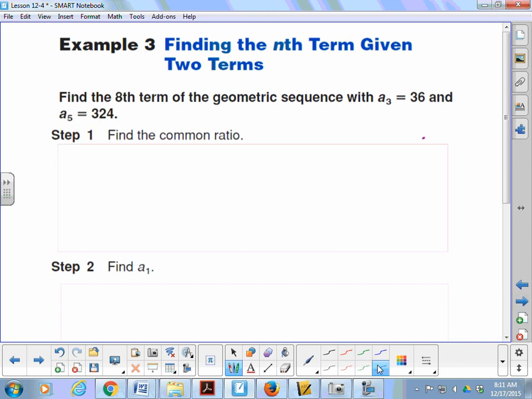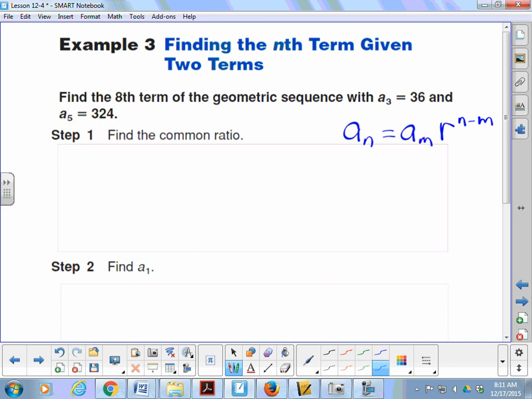So here's our general formula, but I'm going to change this like we did the other day. So this would be a sub n, and I'm going to make this a sub m. Okay? So we have the nth term and the mth term, times r to the n minus m.